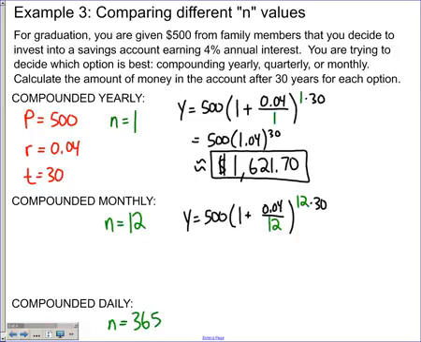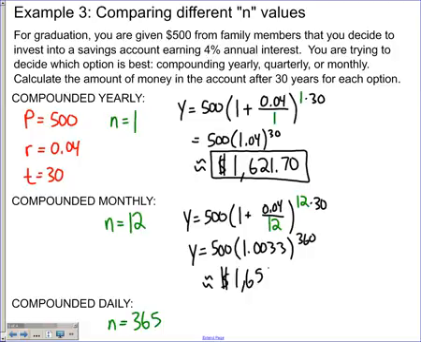So when I start to type this in, I'm going to do everything in the parentheses first, which gives me approximately 1.0033. And 12 times 30 is going to give me 360 as my exponent. And then finally, when I start to type this in, my answer would be $1,656.75.